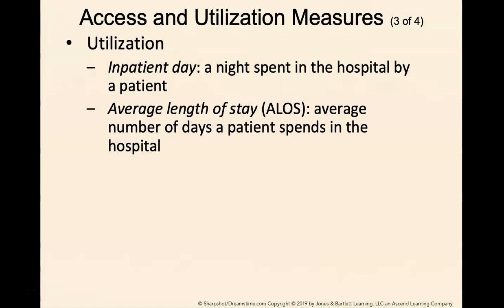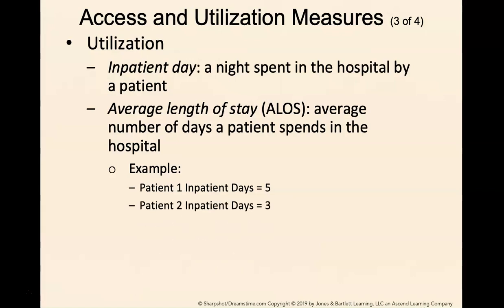hospital admission done. Now, average length of stay is also a measure wherein we take the average number of inpatient days a patient spends in the hospital. So let's take a look at this example. So patient 1's inpatient days is 5, patient 2 is 3, patient 3 is 6, and patient 4's inpatient days is 4.